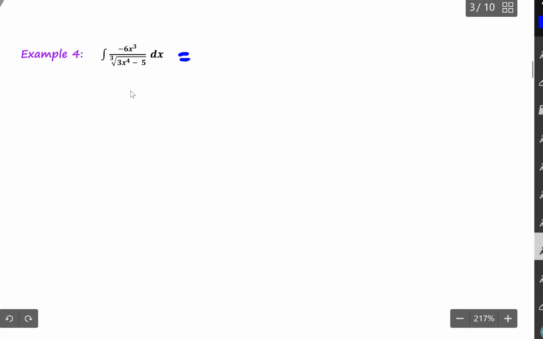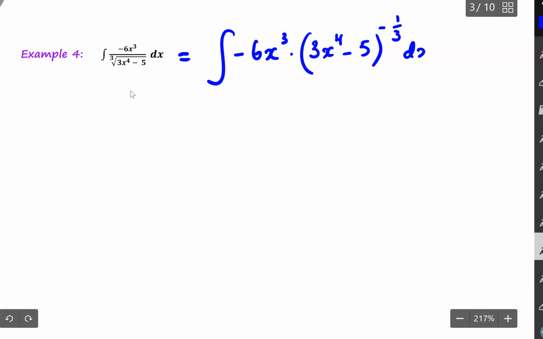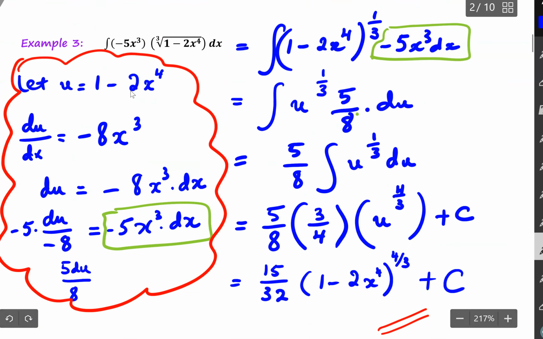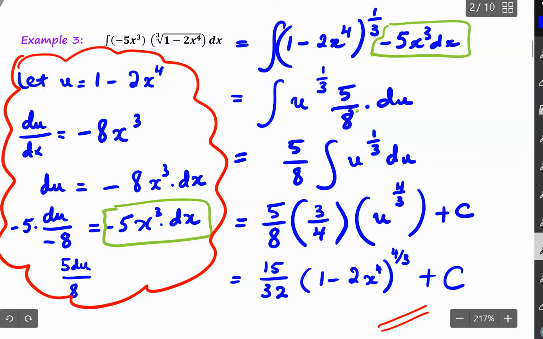So I will write the integral of -6 x to the exponent 3, multiplied by 3 times x to the 4, subtract 5, all of it raised to the exponent -1/3 dx. Okay, going back to example number 3, do you see right here we have -5 x to the exponent 3?